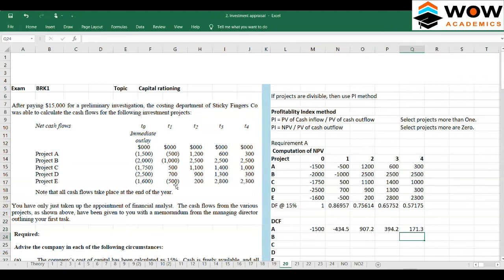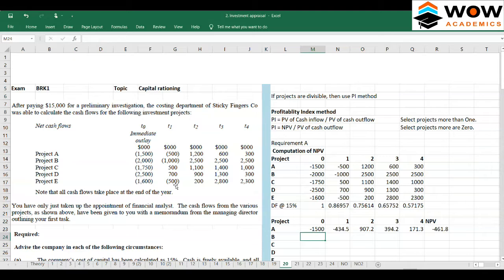If you see, this number gives the NPV for these projects. You can simply add them.